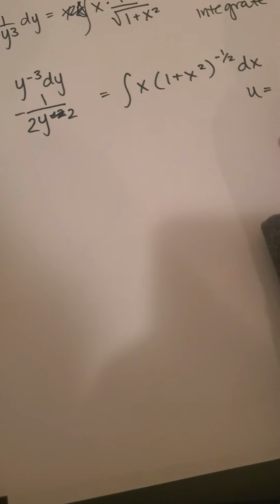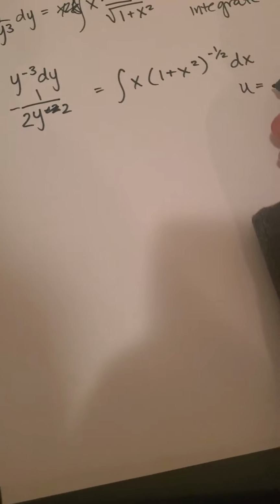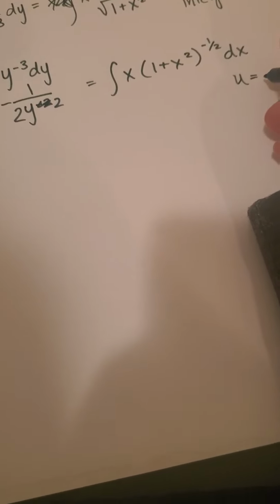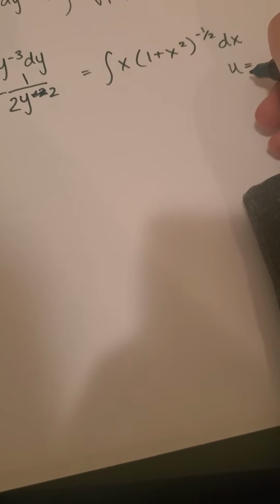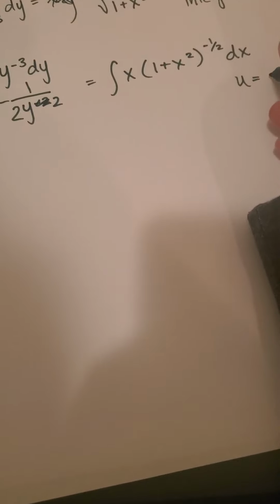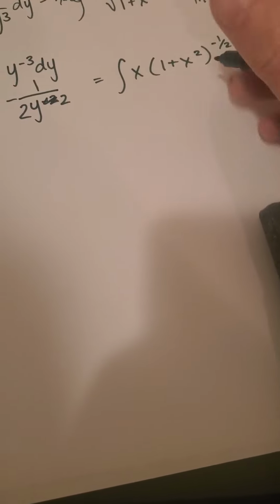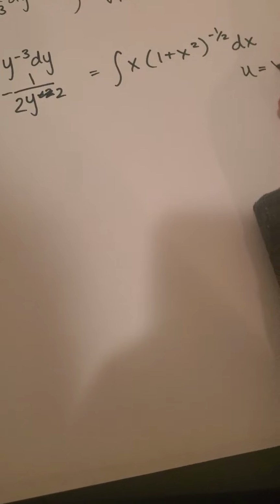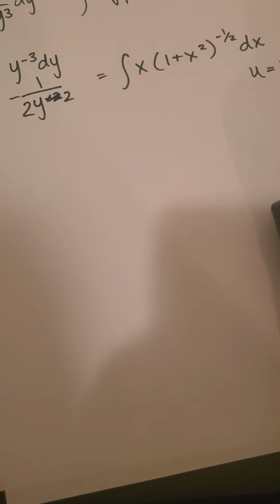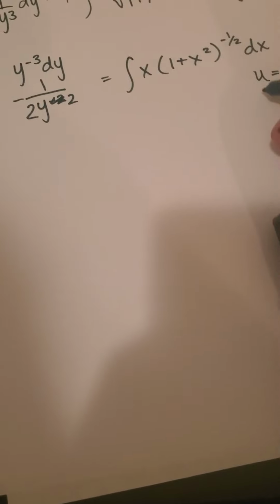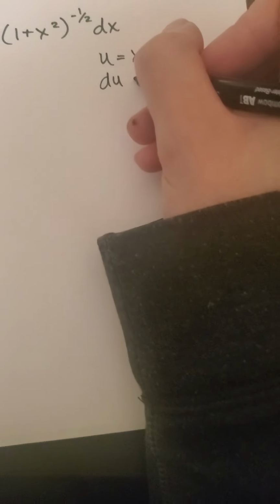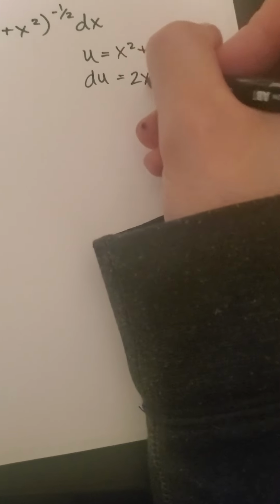It's a product rule, but it's actually not a product rule because that's not true. It's a u sub. I should just do that. The thing that we want to get rid of is the u. So u is x squared plus 1. And then our du equals 2x dx.